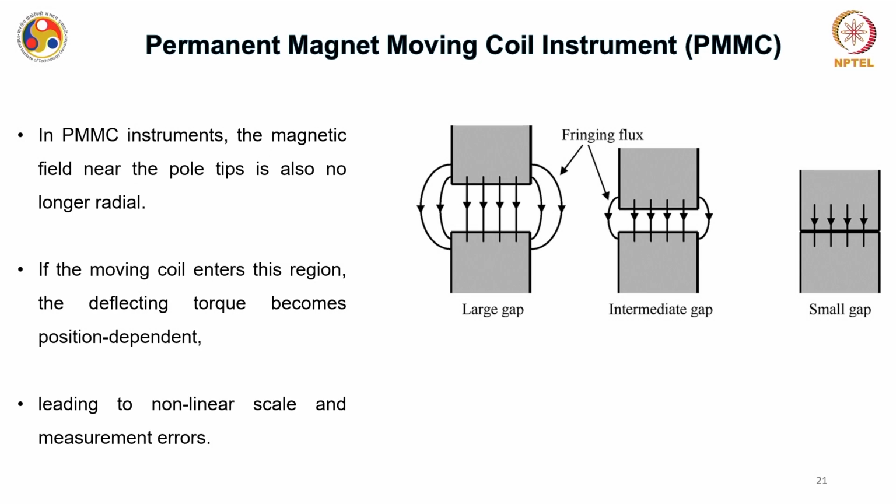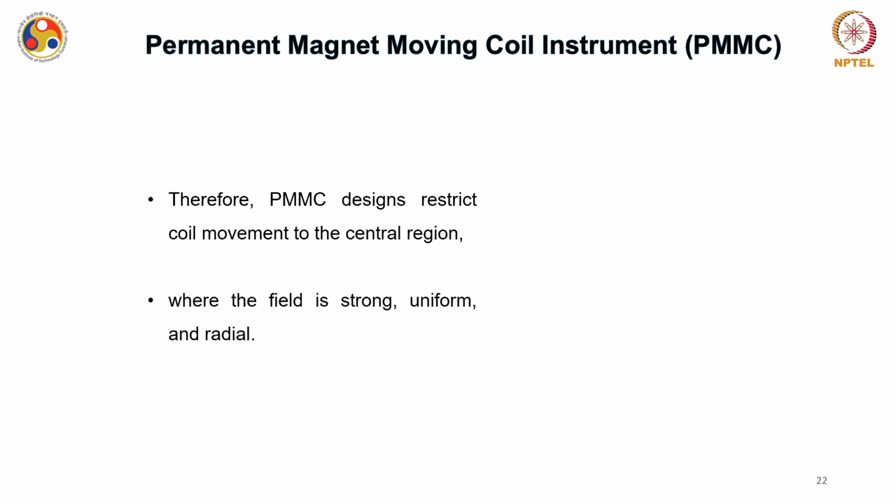So, in a PMMC instrument, the magnetic field near the pole tips is also no longer radial. If the moving coil enters this region, the deflecting torque becomes position dependent, leading to a non-linear scale and measurement errors, which is not desired.